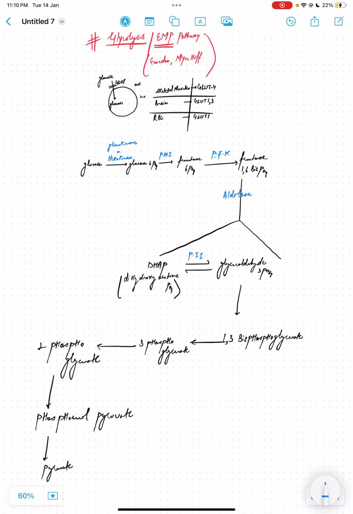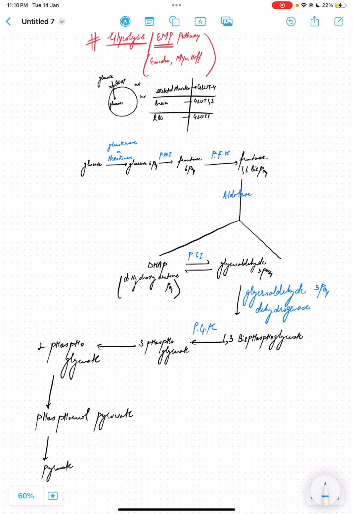Now let me mention the various enzymes. Glyceraldehyde 3-phosphate will convert into 1,3-bisphosphoglycerate with the help of the enzyme glyceraldehyde 3-phosphate dehydrogenase. Then 1,3-bisphosphoglycerate will convert to 3-phosphoglycerate with the help of phosphoglycerate kinase.